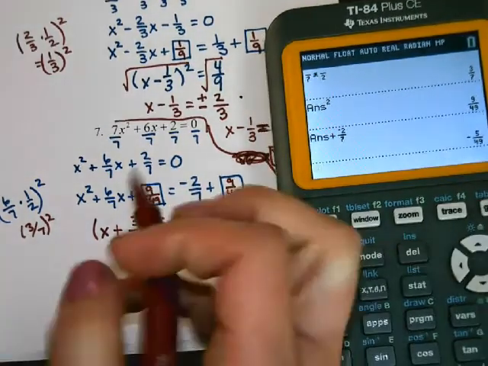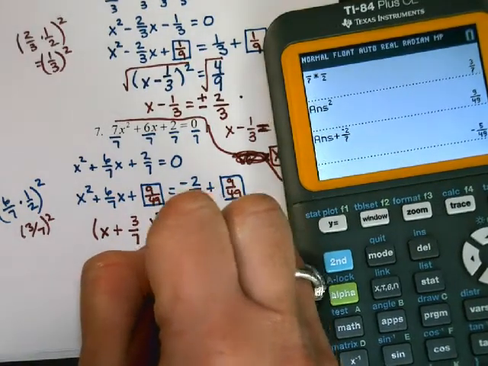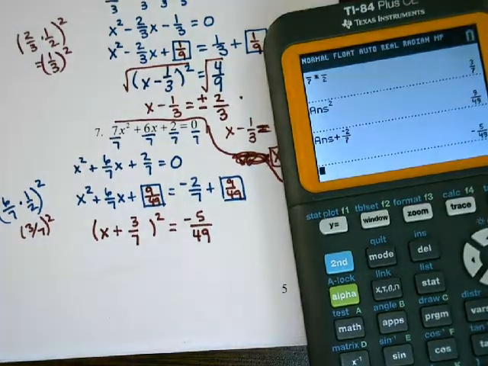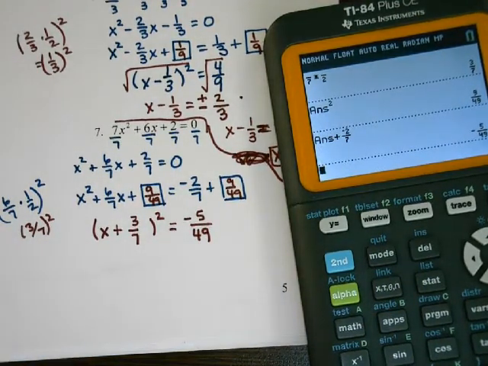Oh, hey, look at that. Negative 5/49. I would really recommend you just use your calculator for your fractions. That way you're not dealing with the fear of having a fraction.